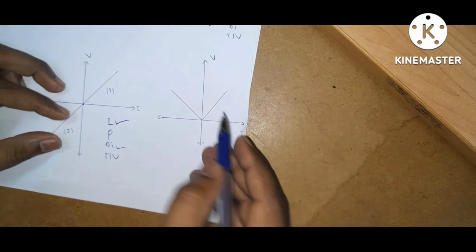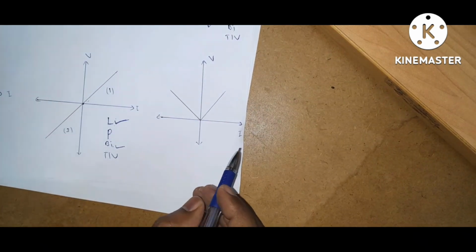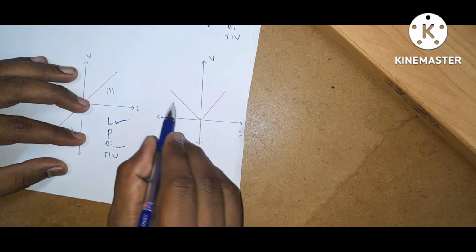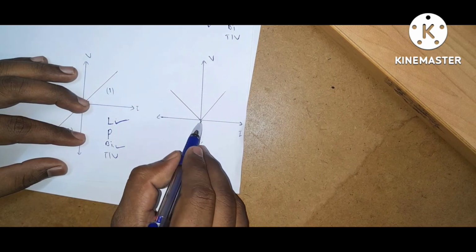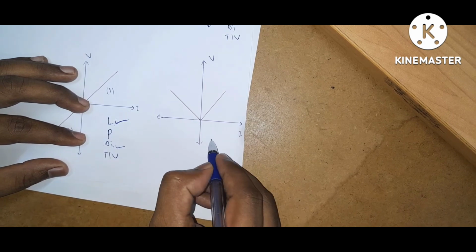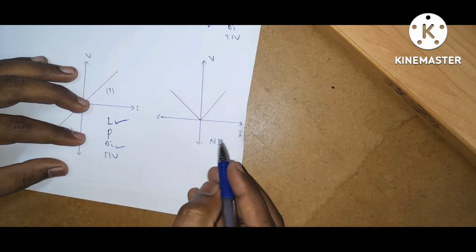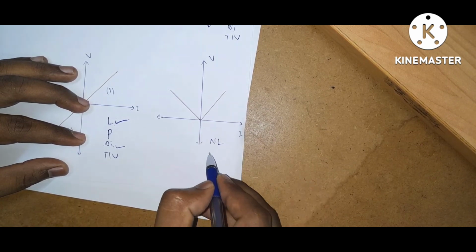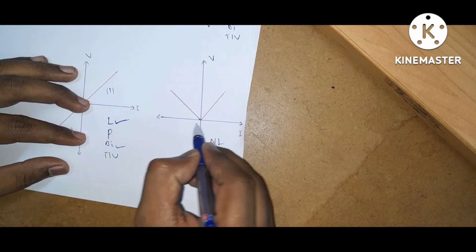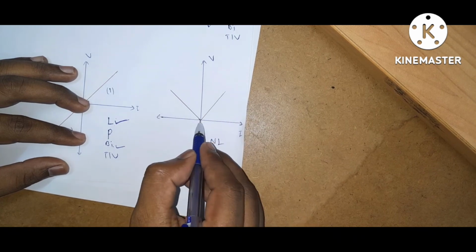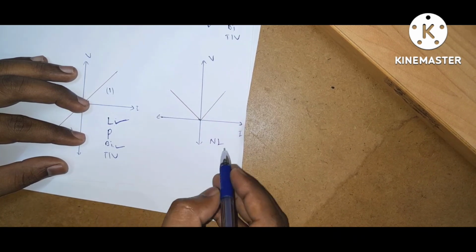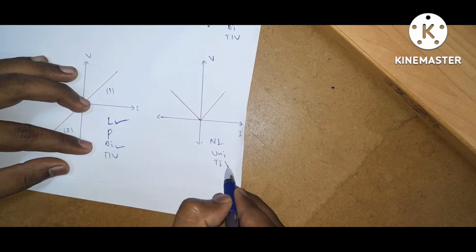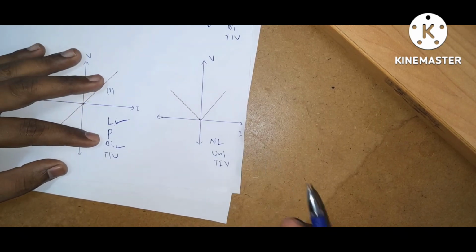Coming to the next graph. First of all, it is not linear because one line is like this, another line is like this, so it is non-linear. Next, unilateral or bilateral? Unilateral, because for both values of current it possesses different values of impedance. Next, time invariant. What about active or passive?